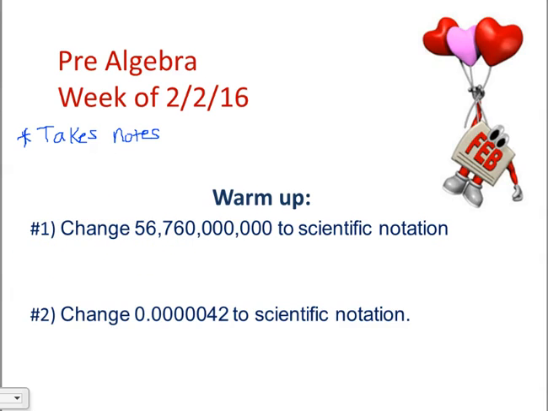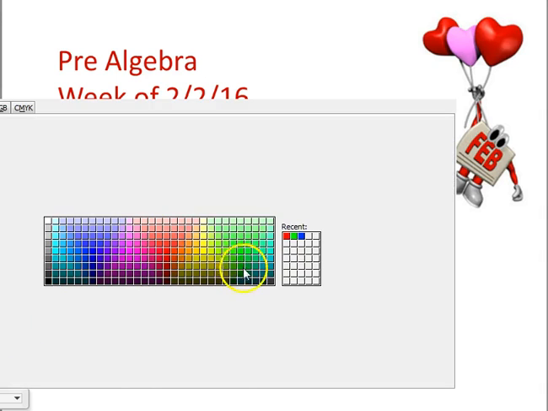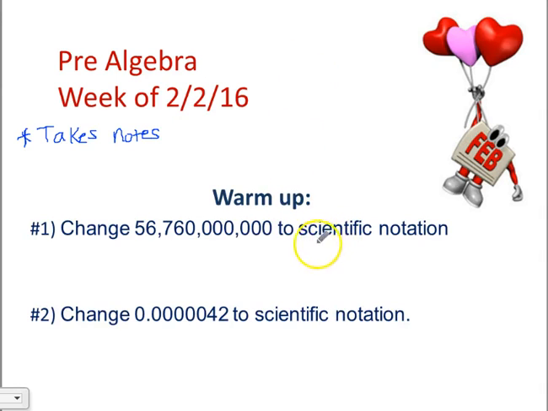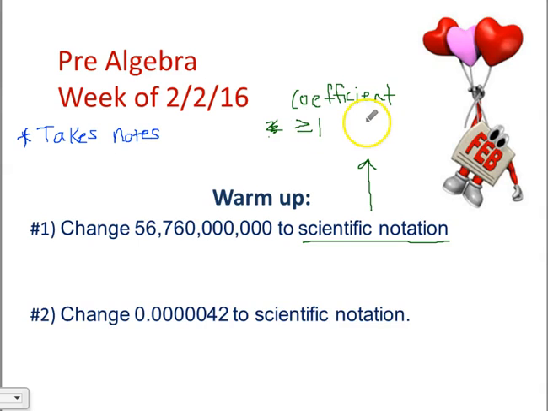Remember, when we're writing numbers in scientific notation, the coefficient, or where we place that decimal, needs to be greater than or equal to 1, but less than 10.